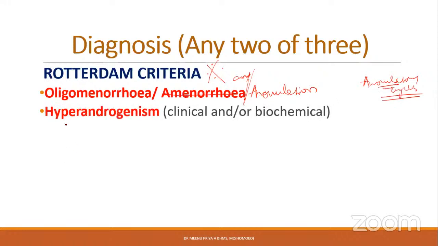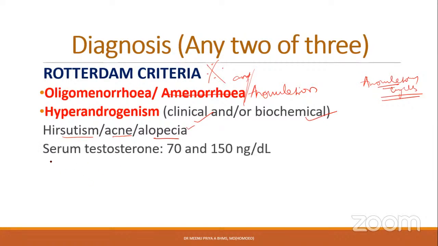And then hyperandrogenism, which means there is an increased androgen state in the body. It can be clinical or biochemical. Clinically, it is in the form of hirsutism, acne, or alopecia: hair growth, pimples, or hair fall. Hirsutism means hair growth in certain places; alopecia is hair fall.